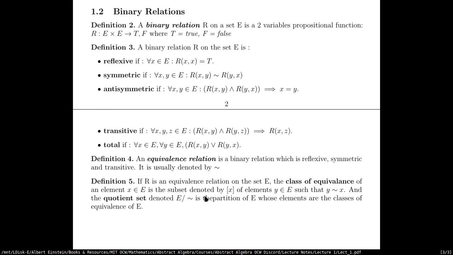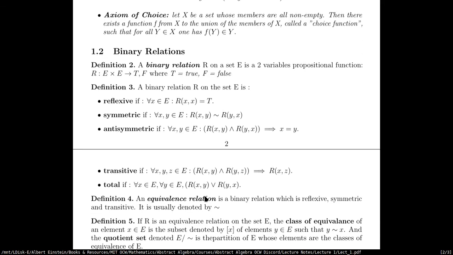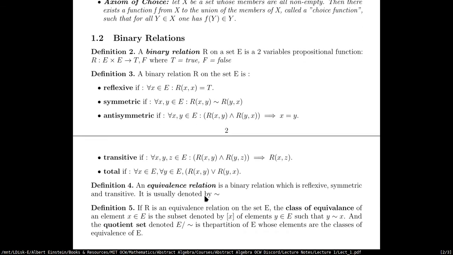Okay, so now we have this brief section on binary relations. The book also doesn't cover binary relations, I believe, but we're going to need that for defining what an equivalence relation is. So a binary relation on a set is a two-variable propositional function.